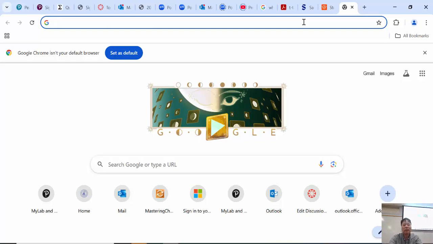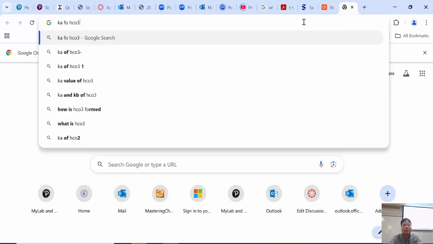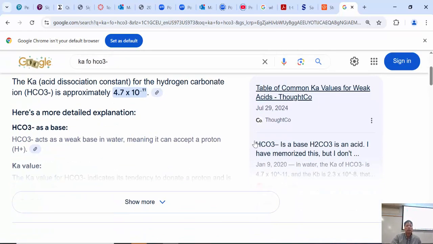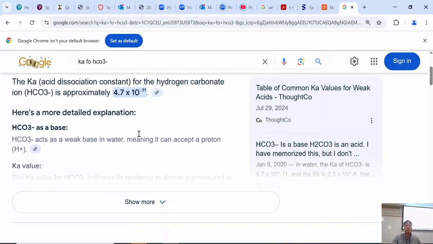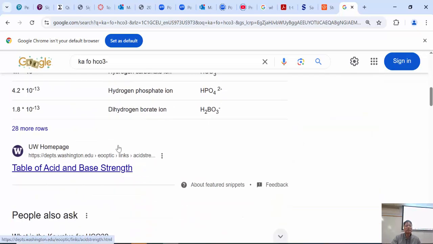And so, Ka for bicarbonate. Bicarbonate's really important in biochemistry. This is, I think, off Wikipedia, probably 4.7 times 10 to the minus 11. But there's probably more.